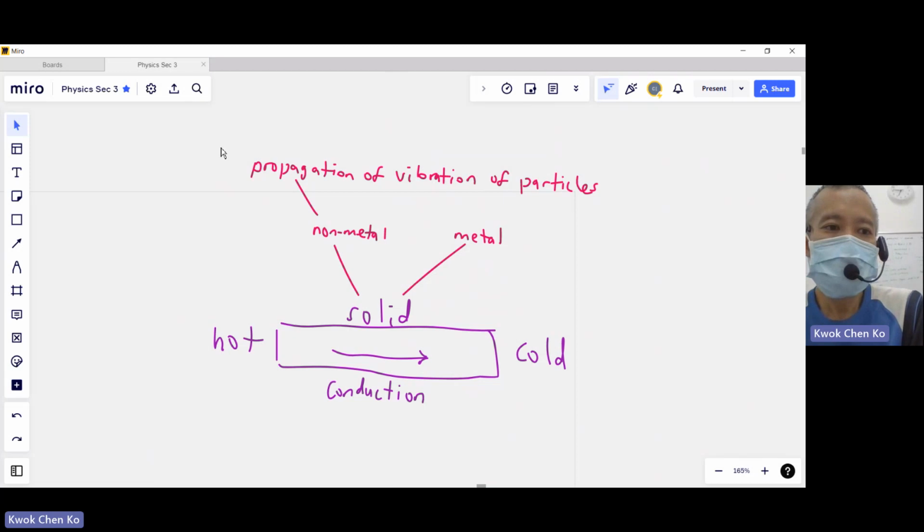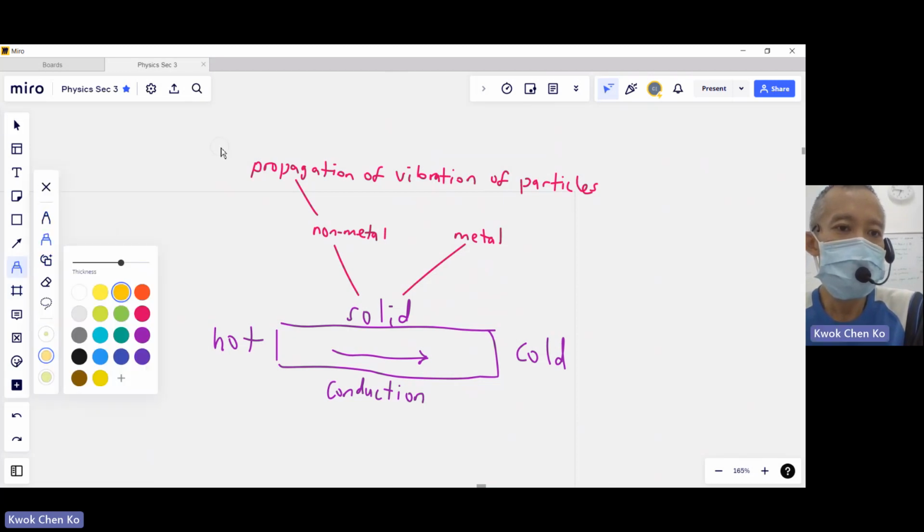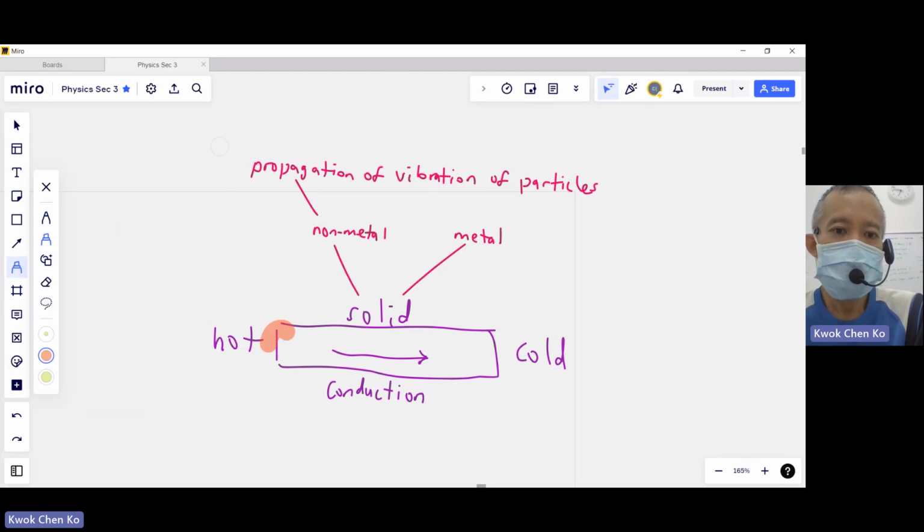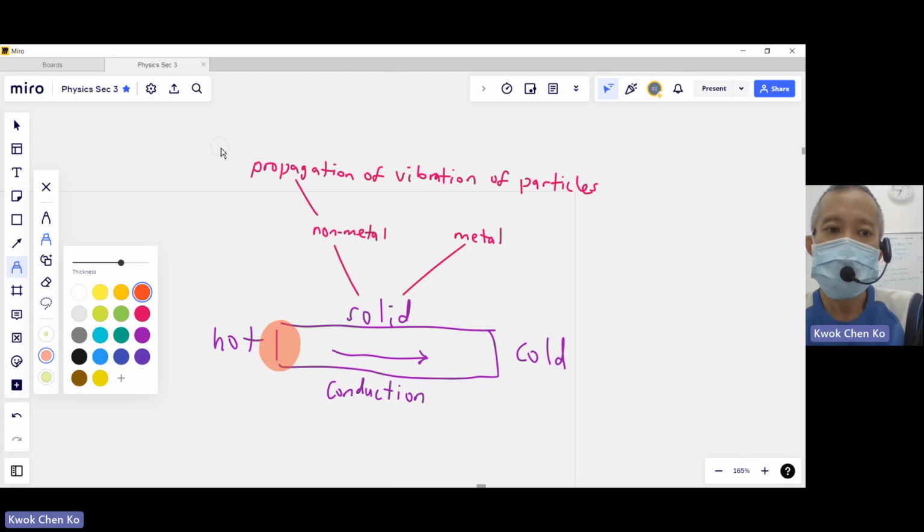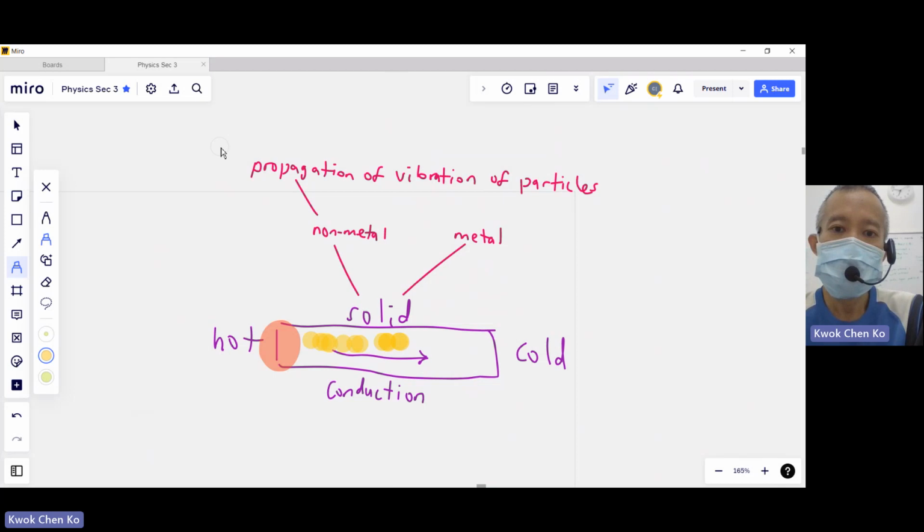Okay, anyway, actually it's very simple, no? Imagine where my hot part is here. This hot part, the more atoms, not atoms, let's call them particles, start to vibrate, correct? And they vibrate more vigorously because it's hot. Then what happens to the vibration? Vibration will spread towards the right-hand side.